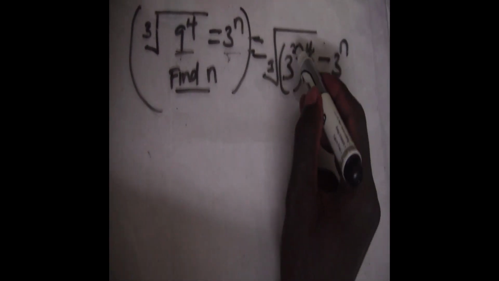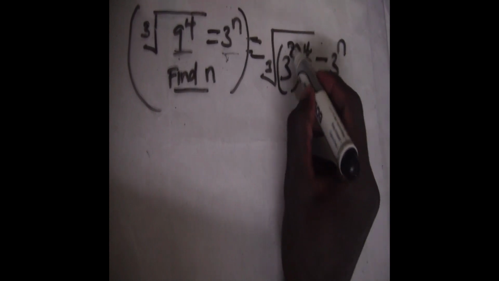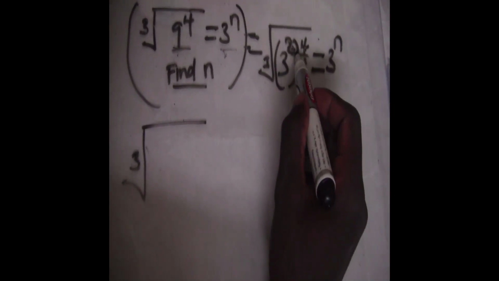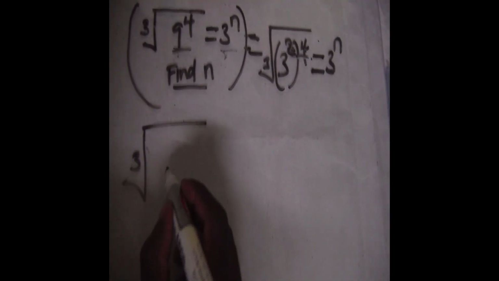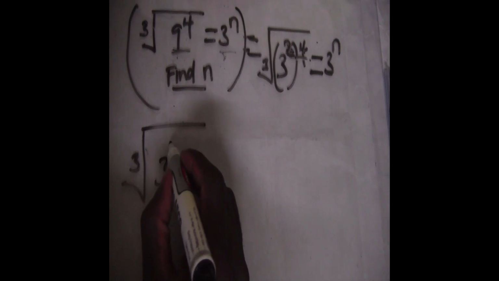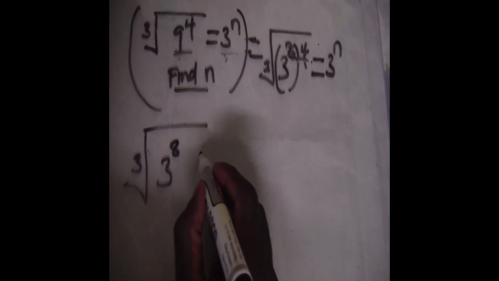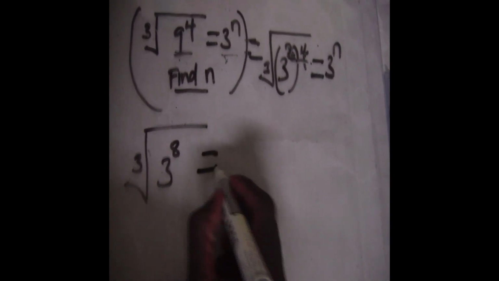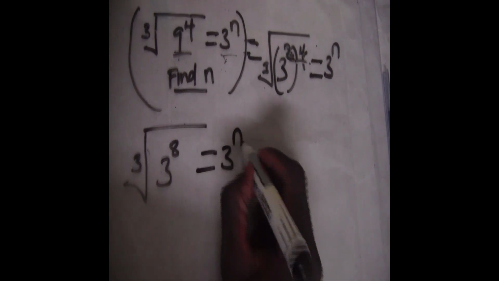For the power rule, you multiply. This is 2 times 4, you get 8. So it's the cube root of 3 raised to power 8 is equal to 3 raised to power n.